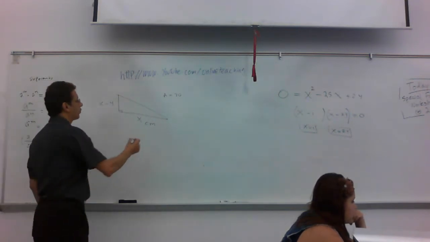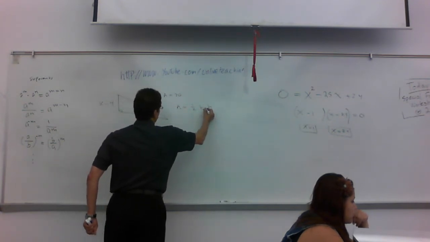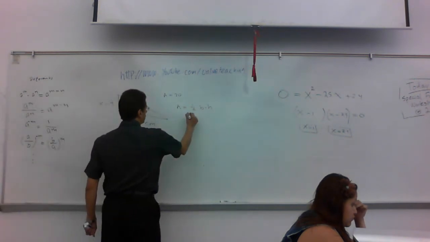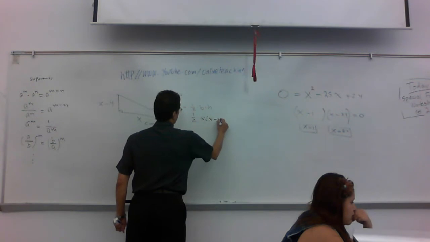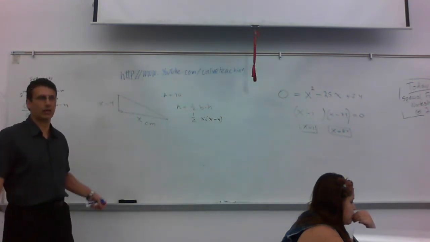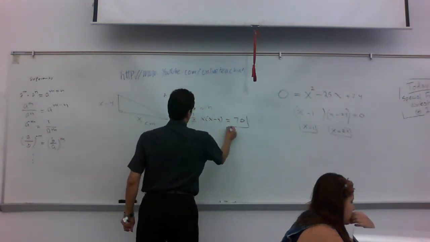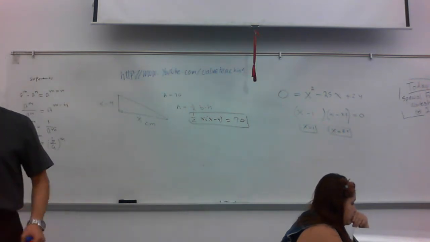We know the area is 1/2 base times the height, right class? And if you have a right triangle, 1/2 times the sides. One of them is the base, one of them is the height, right? Because they make a 90-degree angle. That would be what they gave us, 70. So the reason I boxed that, it's important that you do the same thing.